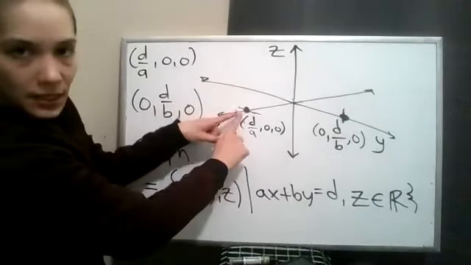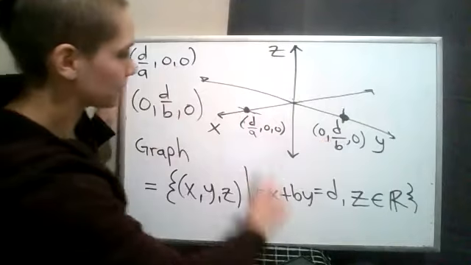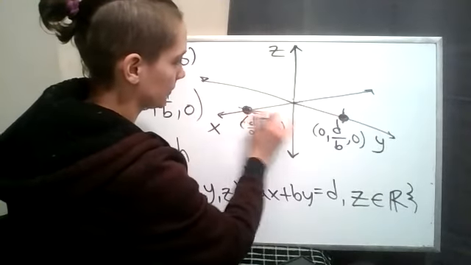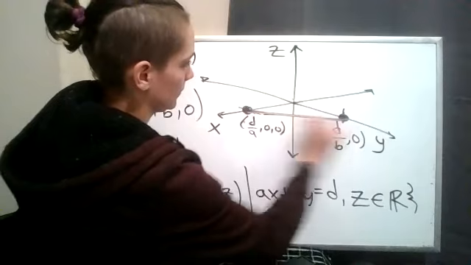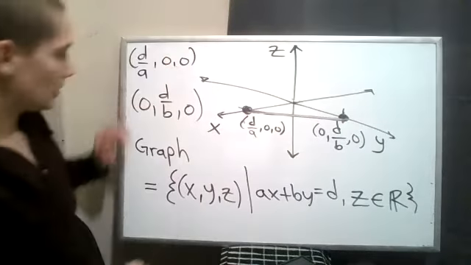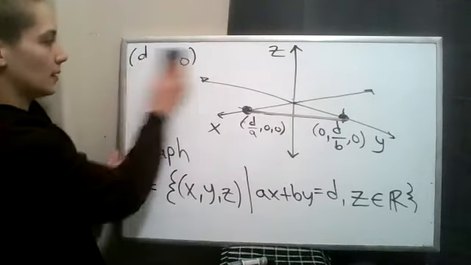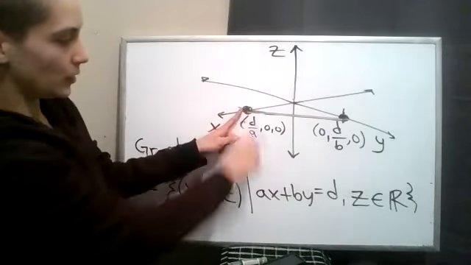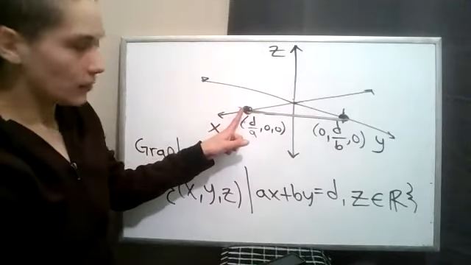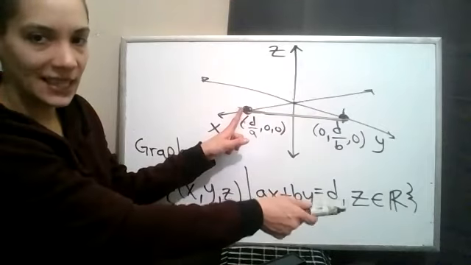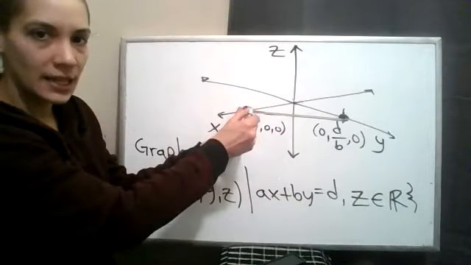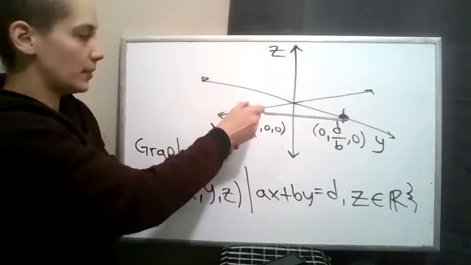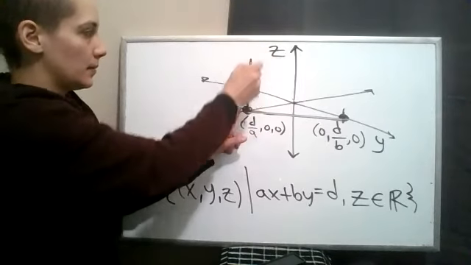So first, connect the intercepts. Let's go to this intercept. From here, z is any real number, so use the z-axis and go parallel to it. Let's just go up from here, just a bit.